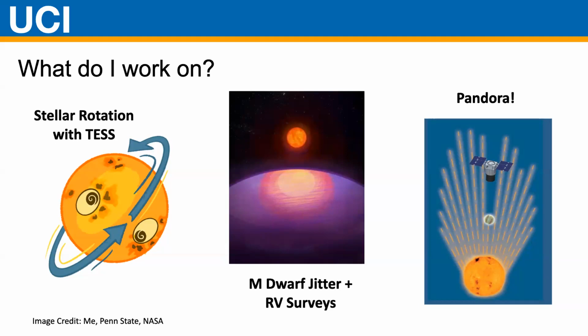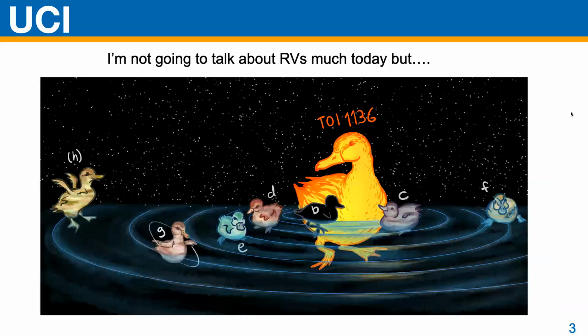I've done a lot of observing with both KPF on Keck and with the HPF surveys. And then I also right now am working on Pandora. So the through line here is I do a lot of things about how stars affect exoplanets and recover them. I'm not going to talk too much about the M-dwarfs or about Pandora today, but would love to in the future. You can always track me down to talk about that.